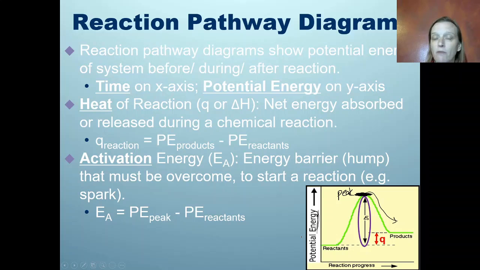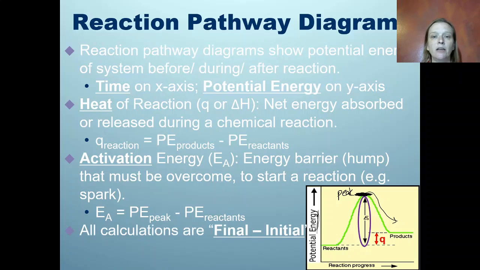Notice that both of the equations that I've given you here on the slide are the final position minus the starting position, final minus initial. So when I wanted to know the Q for the whole reaction, I did the end of the reaction minus the beginning of the reaction.